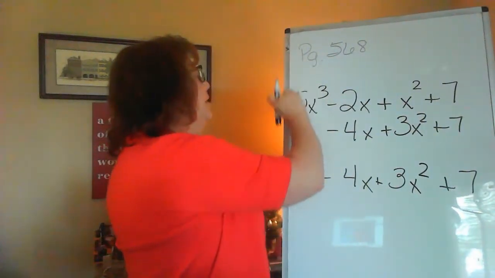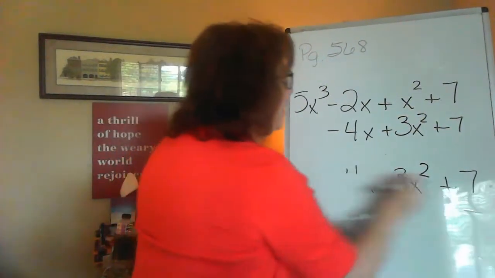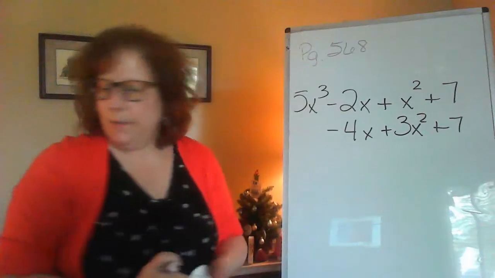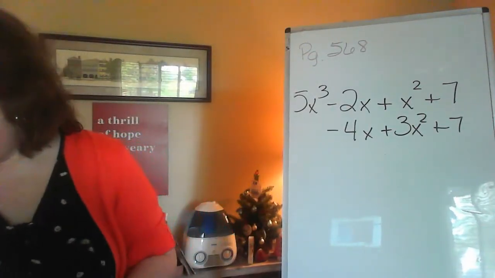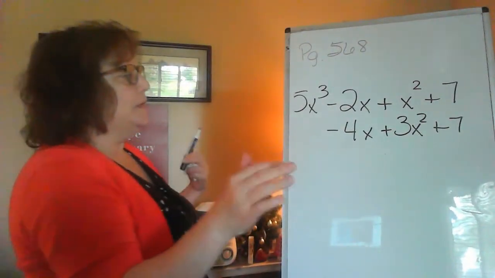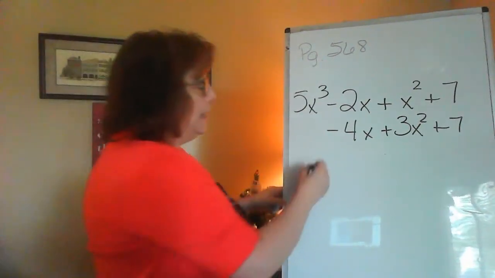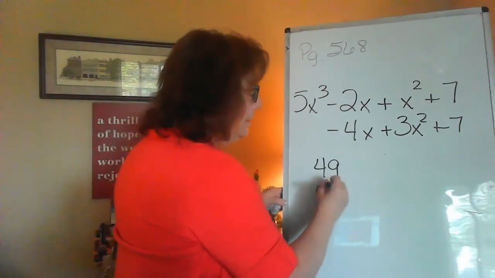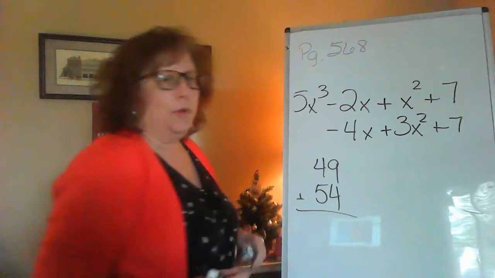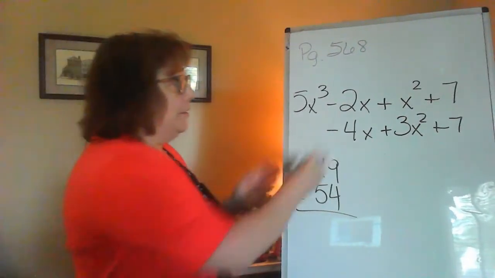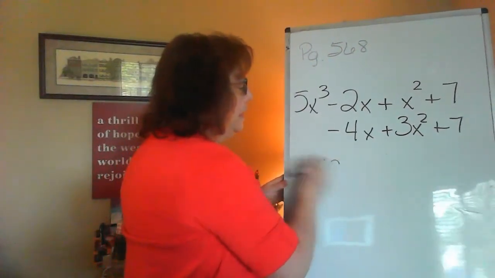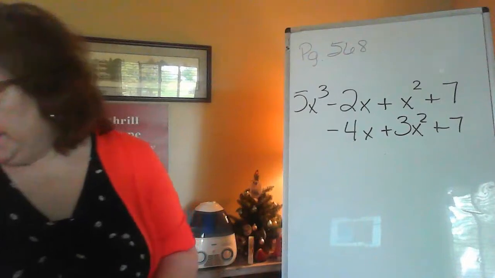So again, example number 3, they gave it to us in horizontal form. I'm now putting it in vertical form. If I was going to do an addition problem, I'd stack them on top of each other. We're stacking because we want to put them together.